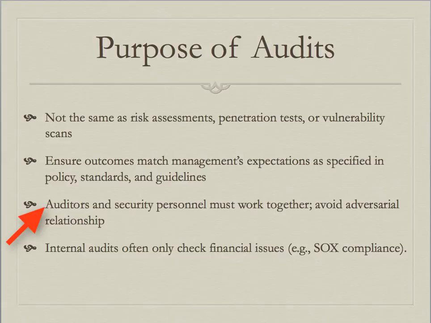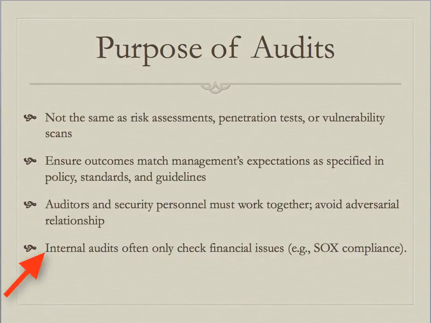Security personnel are trying to keep the data secure and should be working with the business to assure continued productivity. Auditors and security people have to work together to achieve the overall goal of safely achieving business objectives. And if they're fighting with each other, there are going to be huge gaps in that effort.